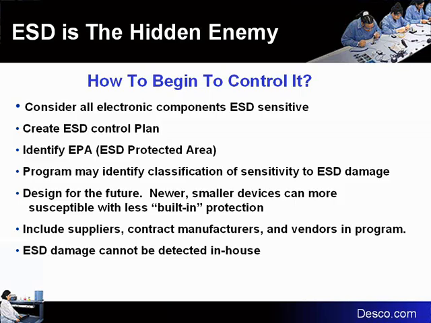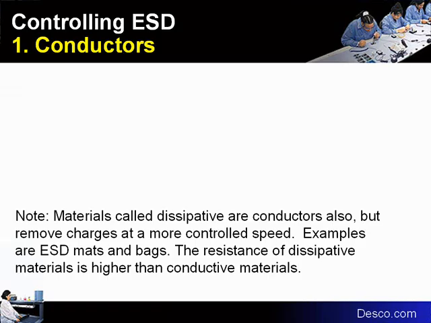The recommendation by the S20.20 is that we classify everything as Class 100 volt devices and go into Class 0 control for all locations. When we put a control plan together, it needs to have facilities, your suppliers, any contract manufacturers, all of them need to know the standards and be part of your ESD control program.